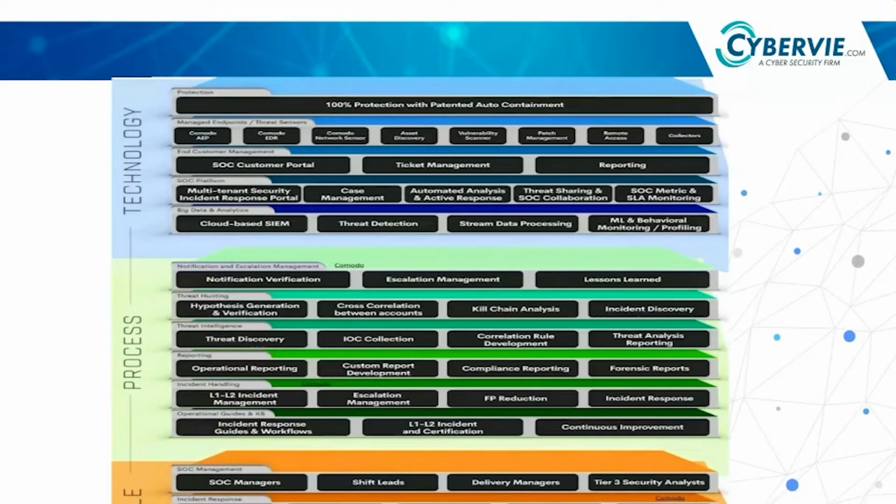Okay, and coming to process, every SOC, to establish or to start a SOC, will have different kinds of policies and processes to be followed. If you take incident response, every company will have their own incident response plan, their own SLA metrics to be followed, and their own notification template. If you want to send any notification to a client, they will have their own notification template.